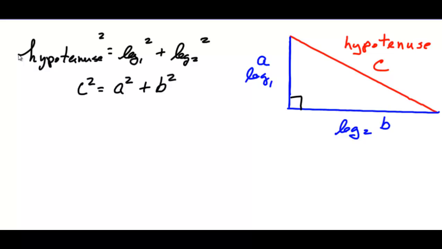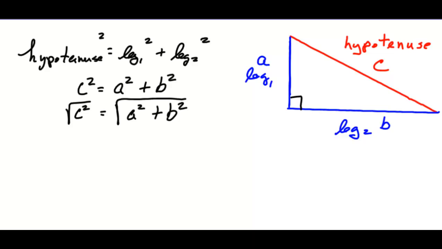All right? Now, what we want, however, is not C squared. What we really want to know is how long is that side C. So what we can do is take the square root of C squared equals the square root of A squared plus B squared.